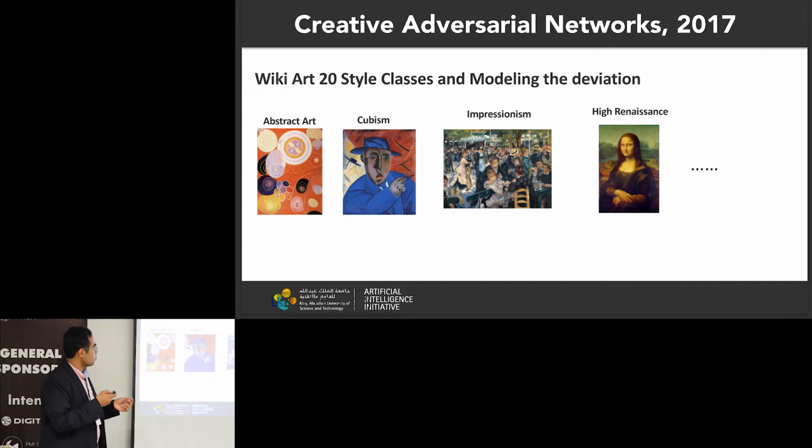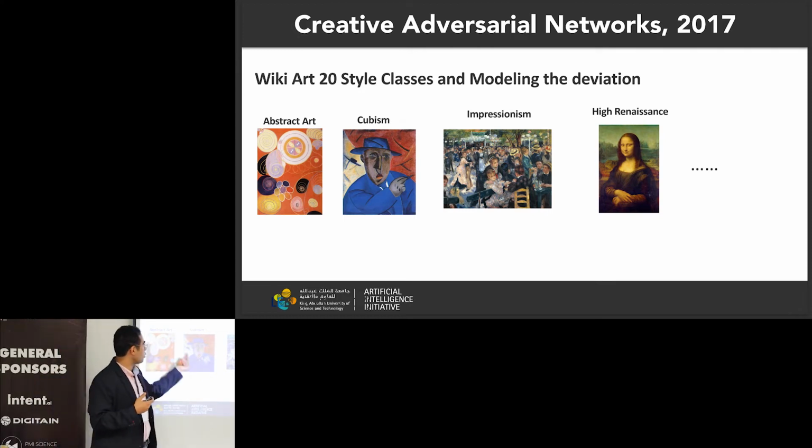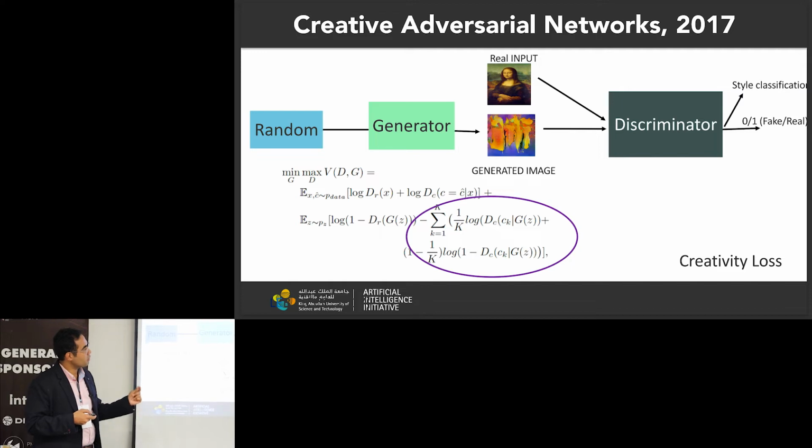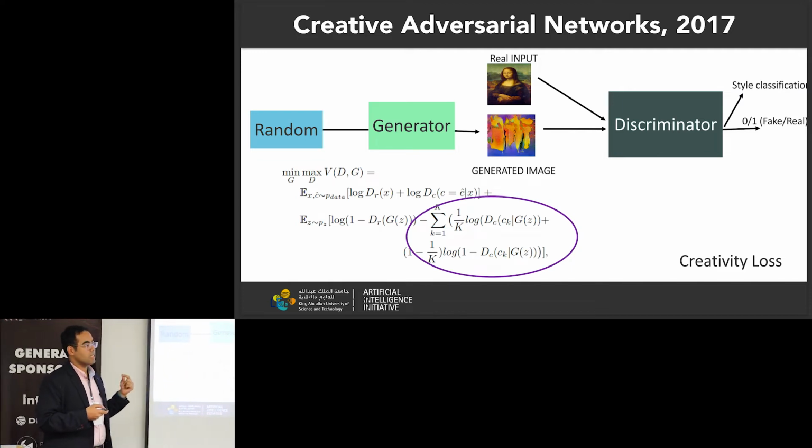So in order to make the model more novelty informed, we added two simple things. First, we added awareness of the class label. We have 20 art styles like abstract art, cubism, impressionism, high Renaissance, etc. And then we added to the discriminator a style classification loss.